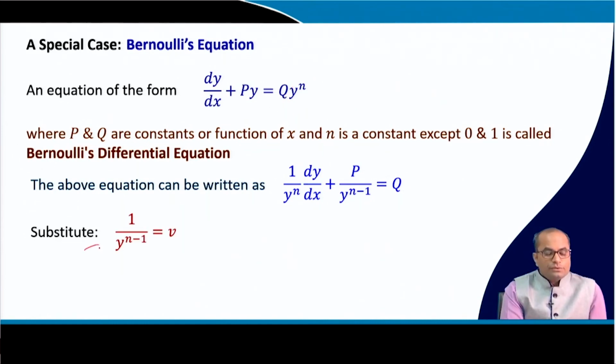So, if we now substitute 1 over y power n minus 1 as v, then what will we get here? We differentiate this.